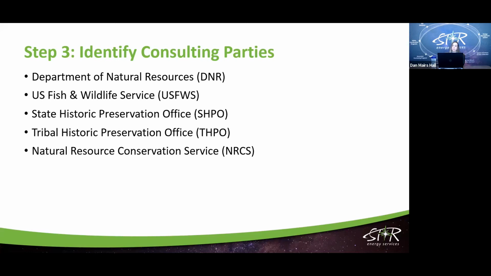Some of the consulting parties that we need to contact are the Department of Natural Resources, DNR, U.S. Fish and Wildlife Service, USFWS, State Historic Preservation Office, SHPO, Tribal Historic Preservation Office, THPO, and Natural Resources Conservation Service, NRCS.